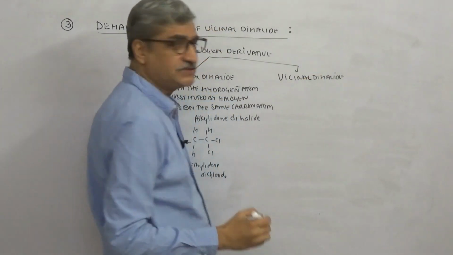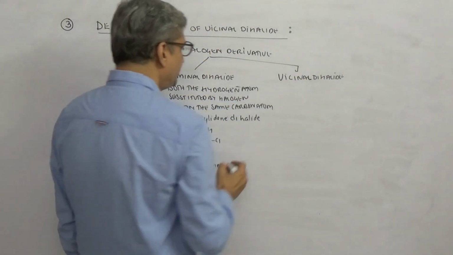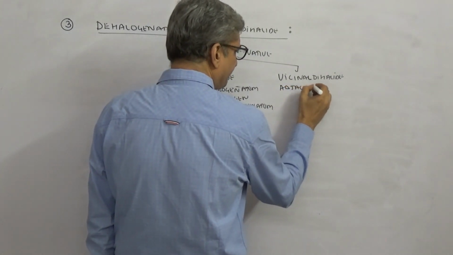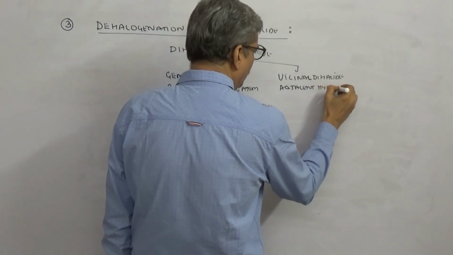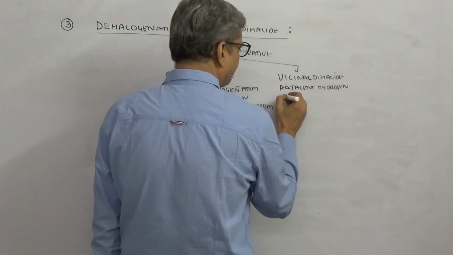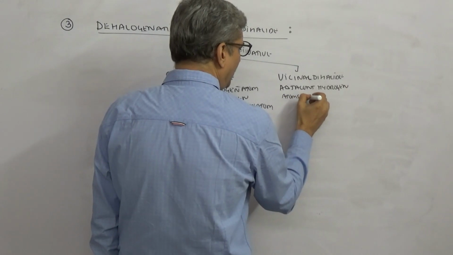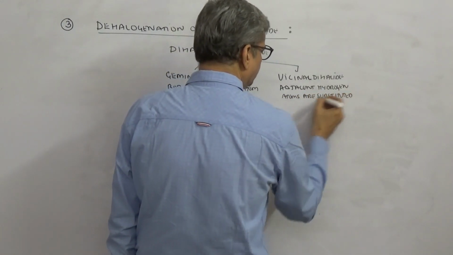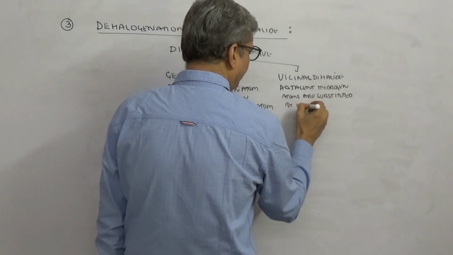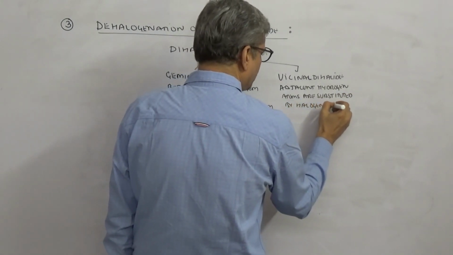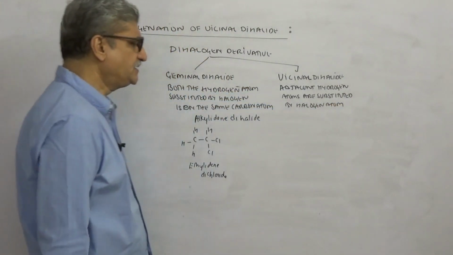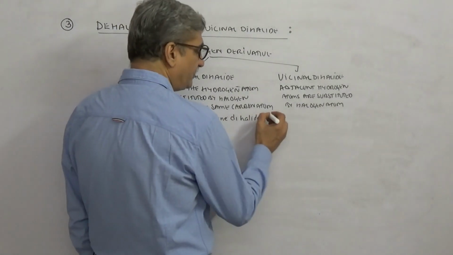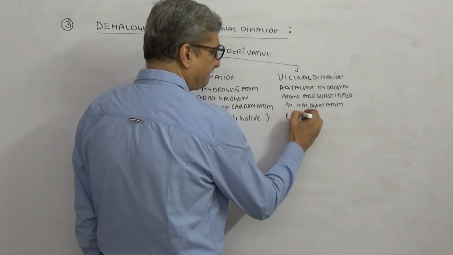So in a vicinal dihalide, adjacent hydrogen atoms are substituted by halogen atoms. So the general name would be alkylene dihalide.